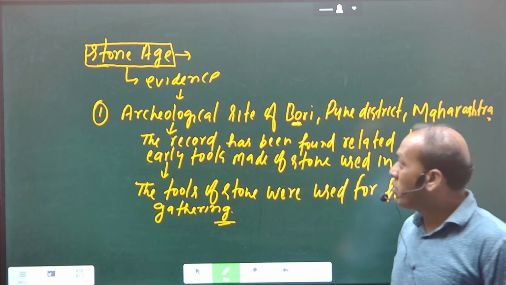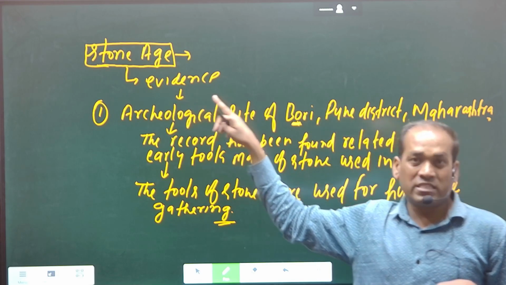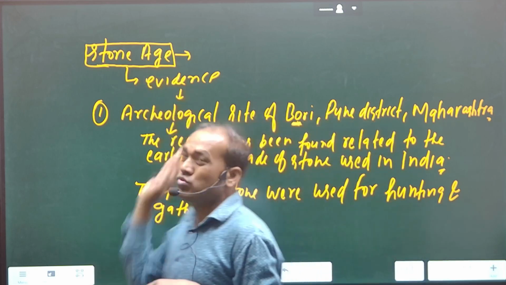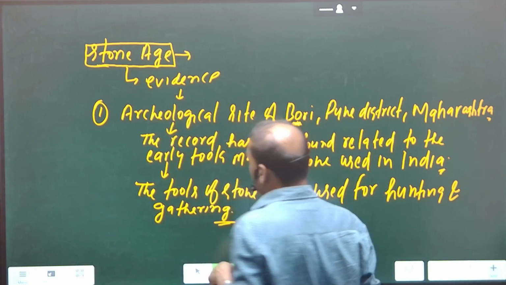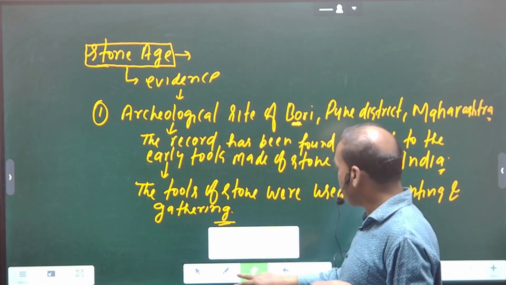Now I will explain to you the second evidence. Okay. Second evidence related to this Stone Age existed in India.